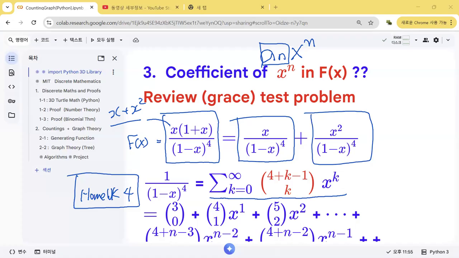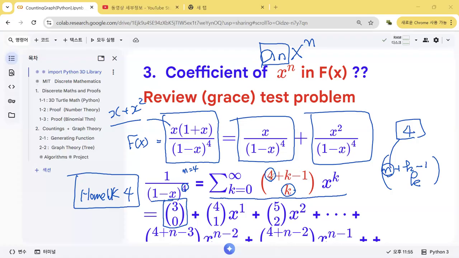In this case, n is 4. In general, the coefficient is n plus k minus 1 choose k. So the power series has a constant term, and when k is 1, it is 4 plus 1 minus 1 choose 1, the coefficient of x to the 1.